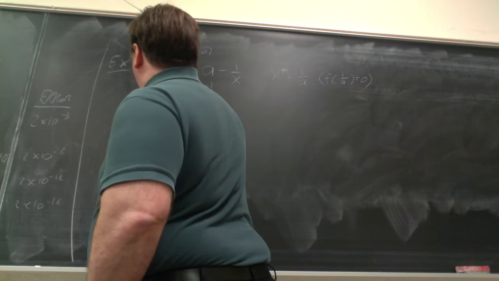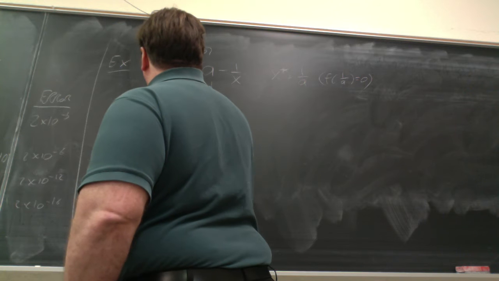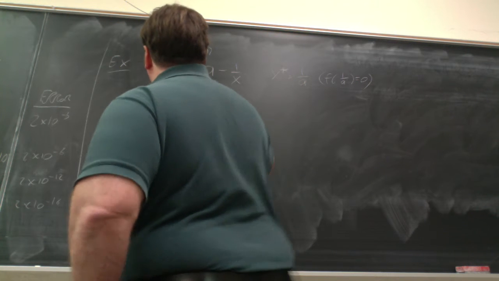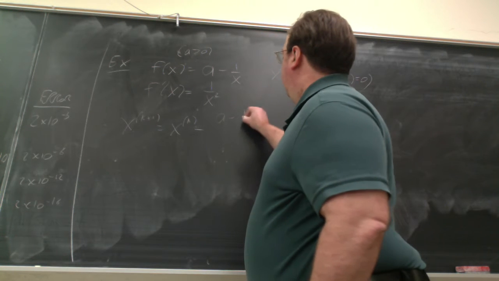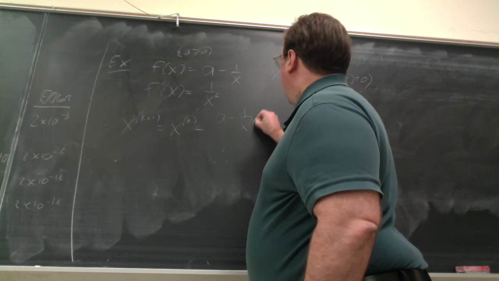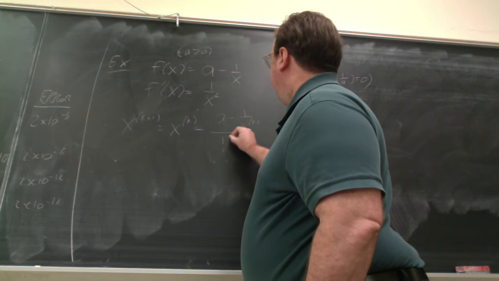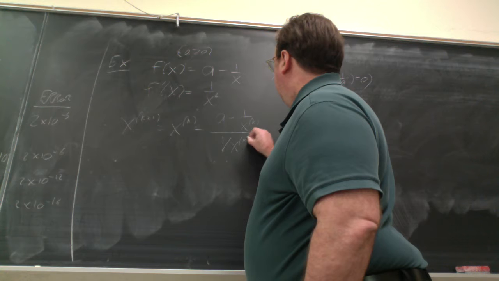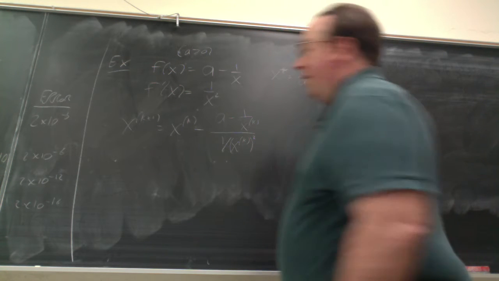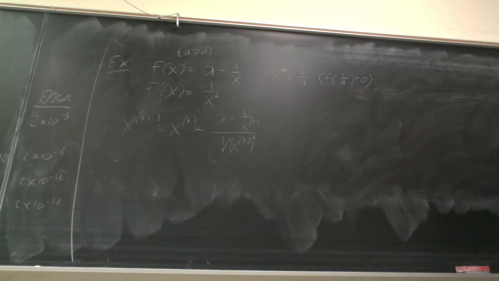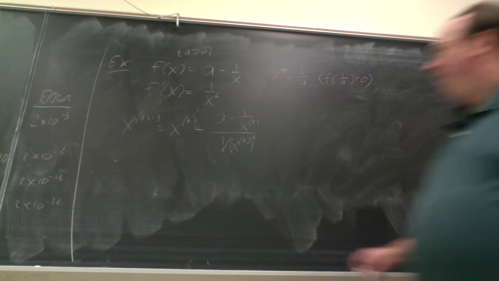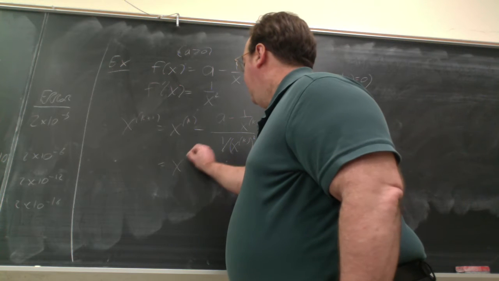So xk plus 1 is equal to xk minus the function evaluated at xk over the derivative. But dividing by 1 over xk squared is the same as multiplying by xk squared. So I can simplify this.